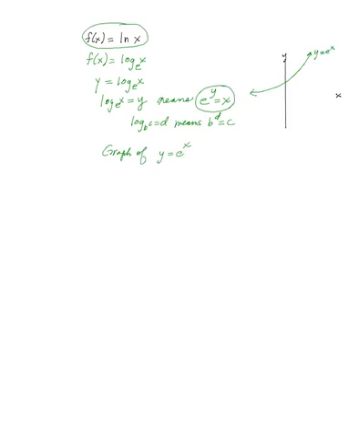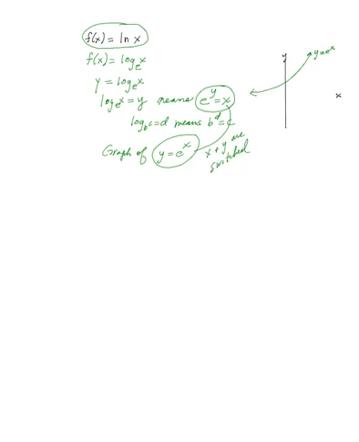And the graph of y equals natural log x is the same as, not y equals e to the x, but x equals e to the y. The y's and x's are switched, right? So f of x equals natural log x and y equals e to the x are inverses of each other.